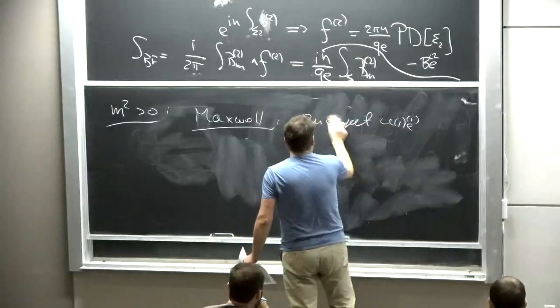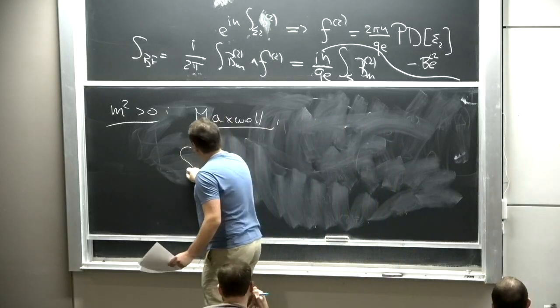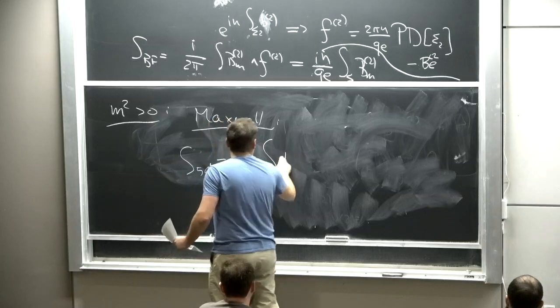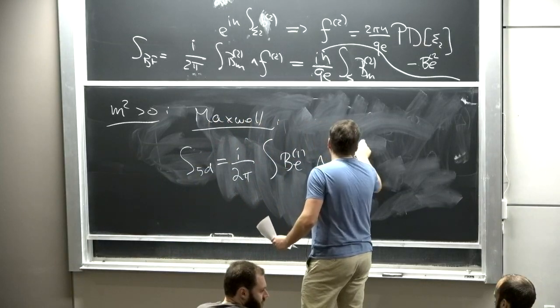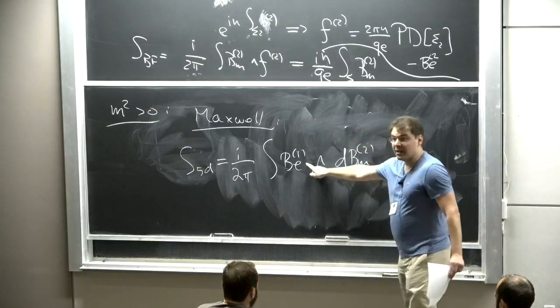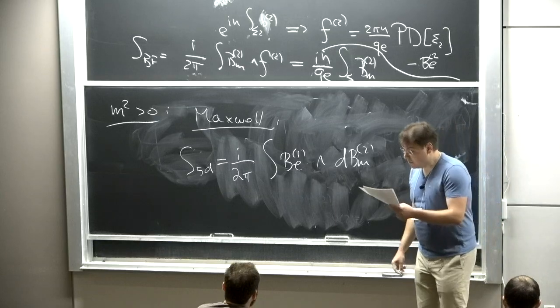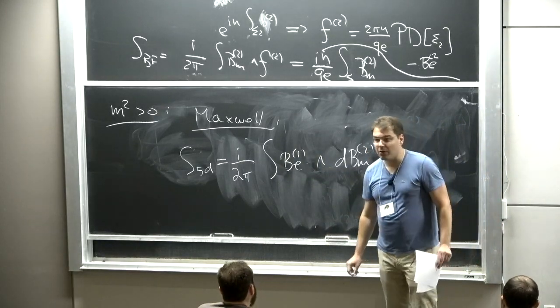Now, this theory doesn't have an electric one-form symmetry. It has an emergent one in the IR, but the microscopic model does not have an exact B electric symmetry. It does have the B magnetic.